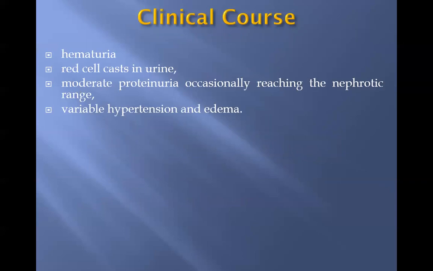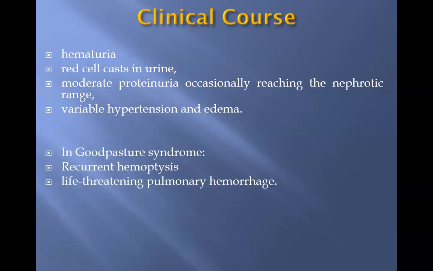Now the clinical features: hematuria, red cell casts, moderate proteinuria, occasionally reaching the nephrotic range. Now this nephritic syndrome is converting into a nephrotic one. Variable hypertension and edema. Now in Goodpasture syndrome, recurrent hemoptysis and life-threatening pulmonary hemorrhage, which you see.